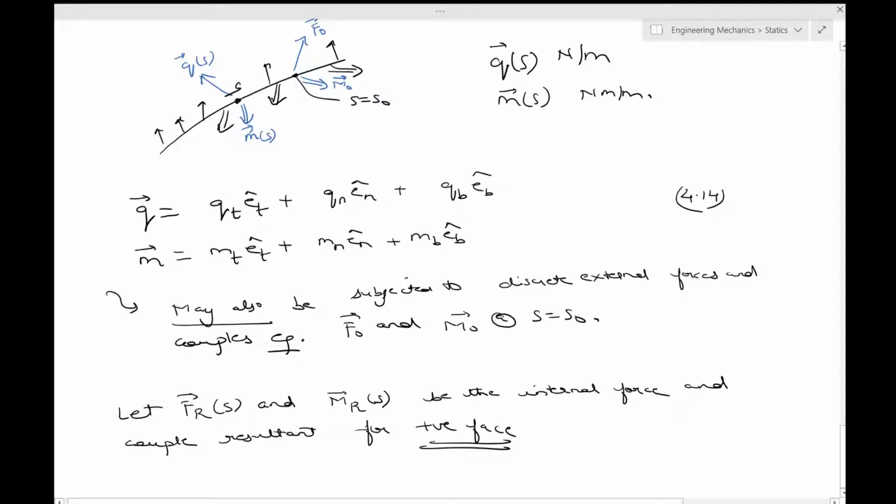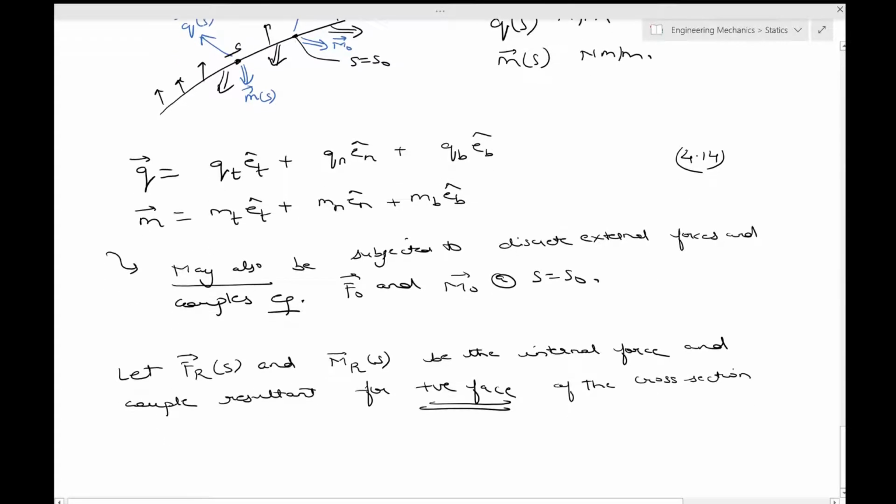So let F_R(S) and M_R(S) be the internal force and couple resultant for the positive face of the cross section at point S of the centroidal axis.